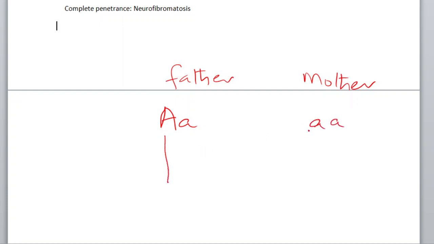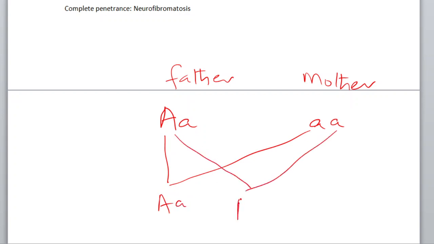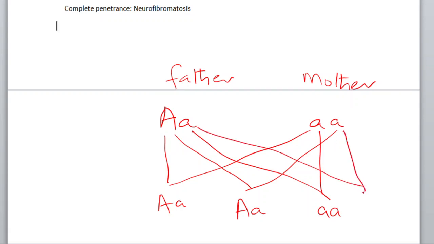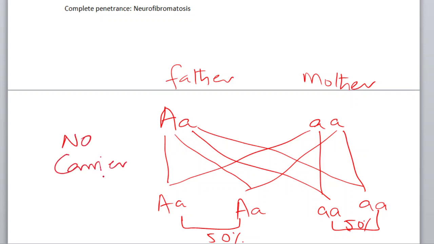Again, when Aa combines, it will form a diseased, defective patient. When the small a's combine together, they will give birth to a normal child. So you can see 50% of them will be normal and 50% will carry the disease, and there is no carrier state.